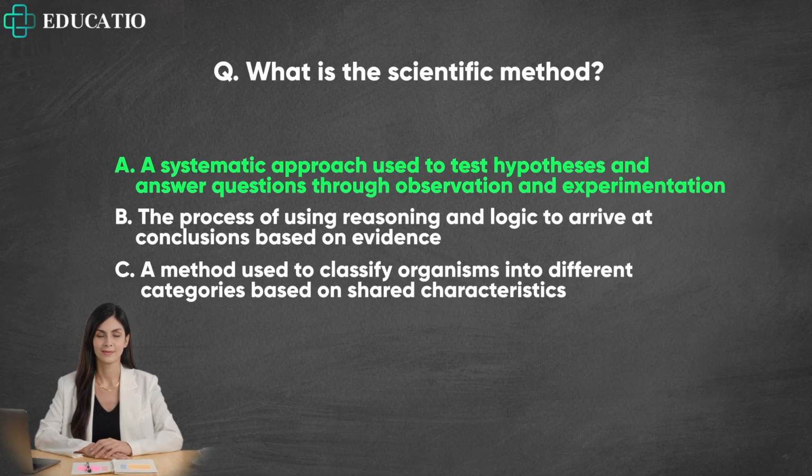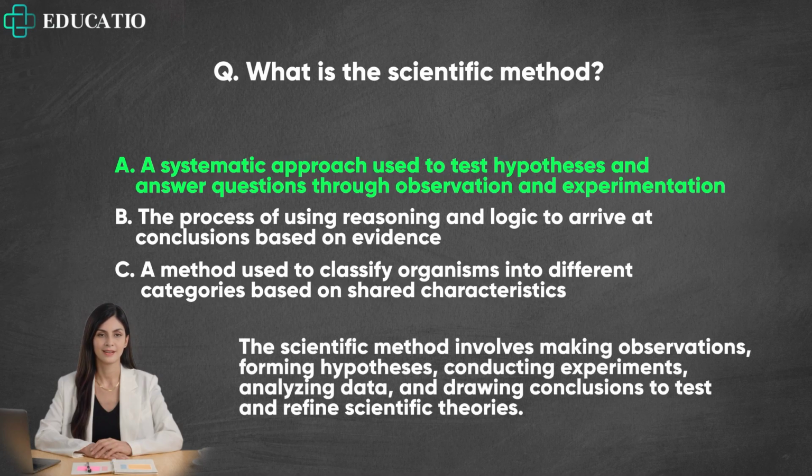Answer: A. A systematic approach used to test hypotheses and answer questions through observation and experimentation. Explanation: the scientific method involves making observations, forming hypotheses, conducting experiments, analyzing data, and drawing conclusions to test and refine scientific theories.